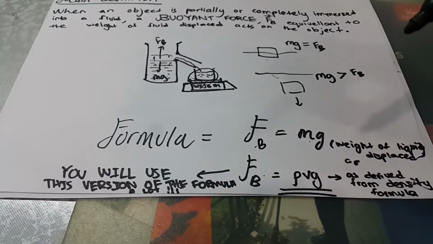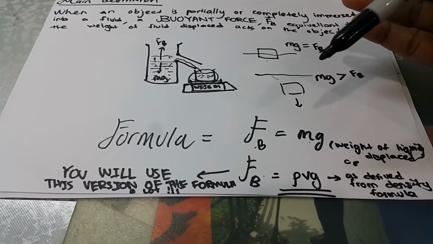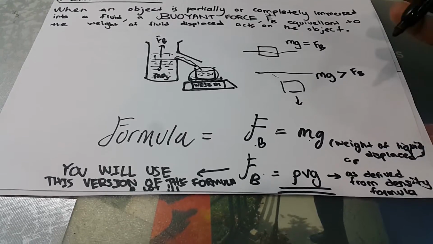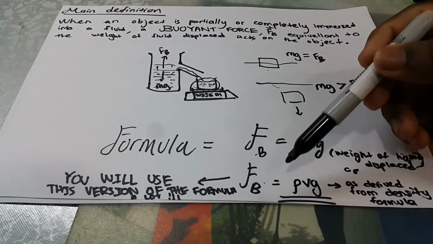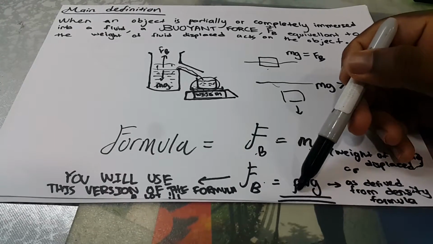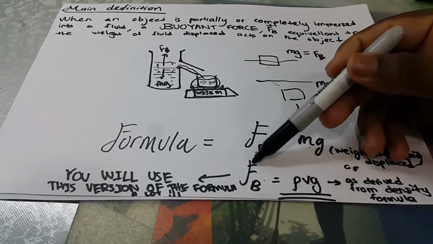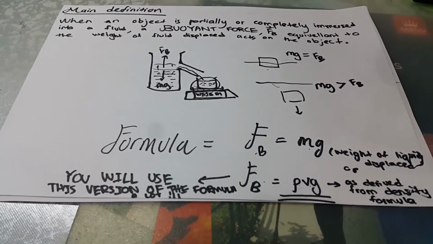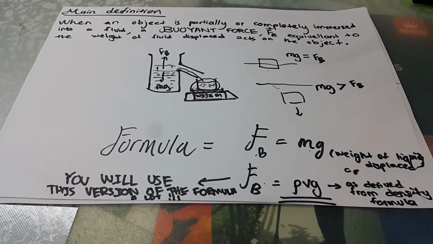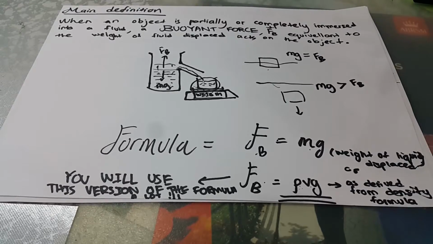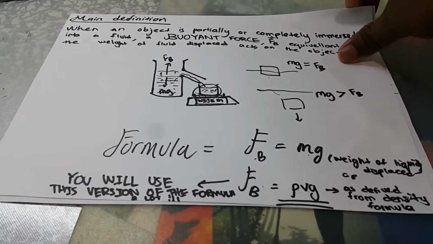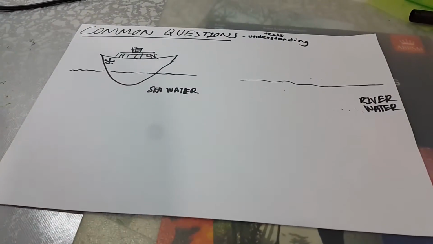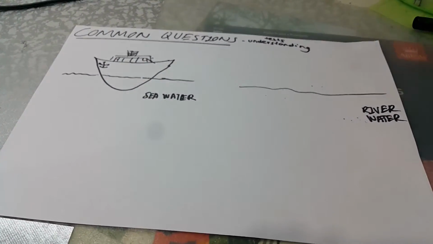So if they ask you to predict a situation, all you have to do is look at the values here. Most phenomena you can understand through the formula of the principle itself. Now we'll look at how to apply that through this common question.